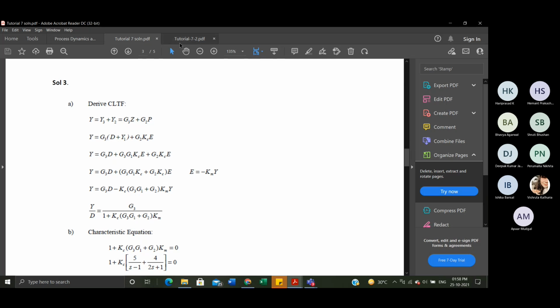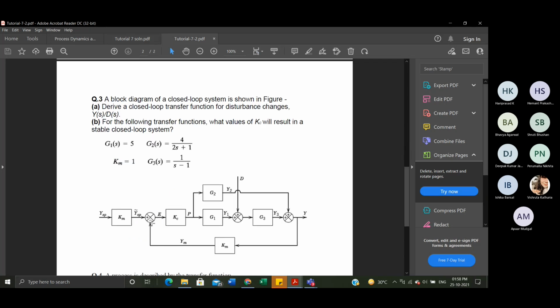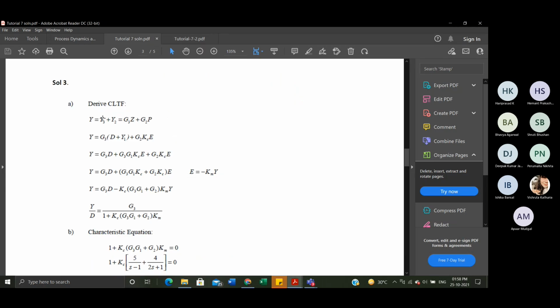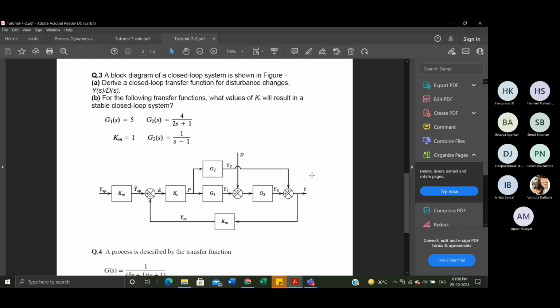There is no diagram, so I will try to be as specific as I can. What we have done is we have divided the y into y3 plus y2, which is coming from here. Then we calculated what is y3 and what is y2 by going backwards.